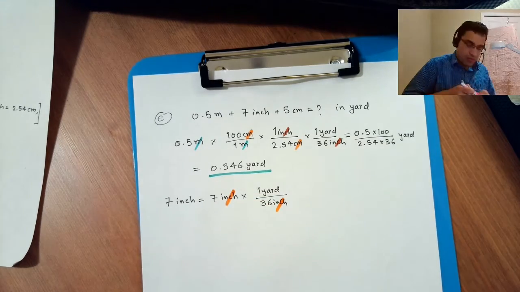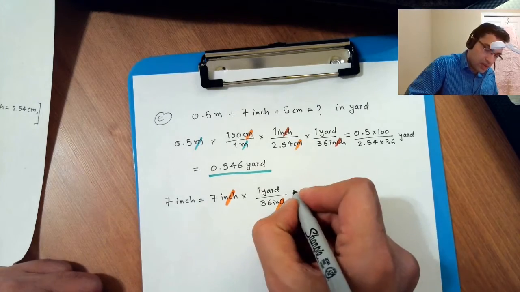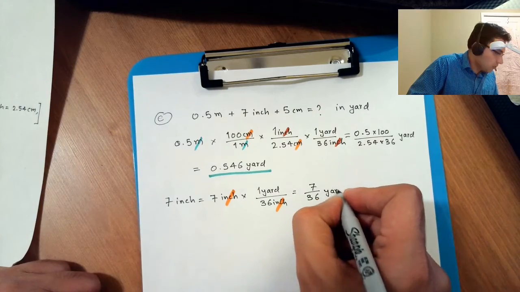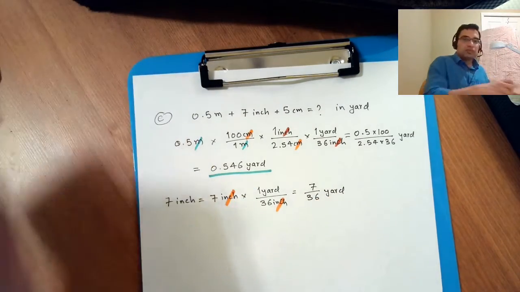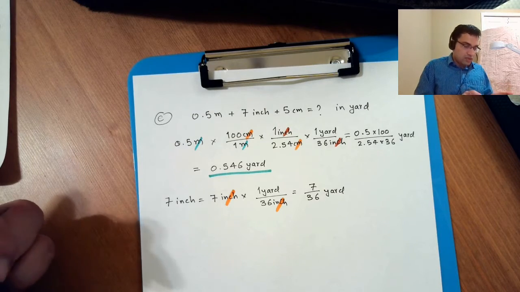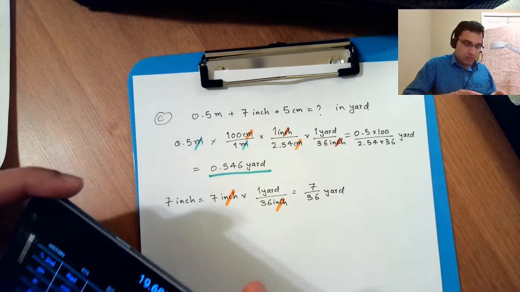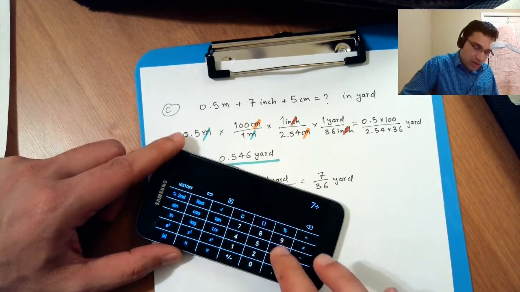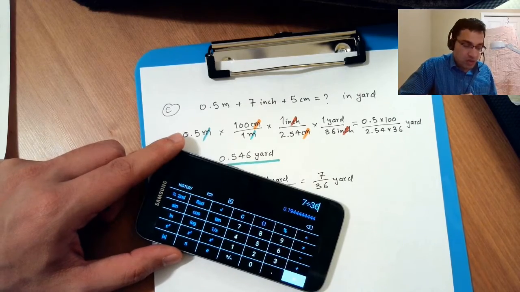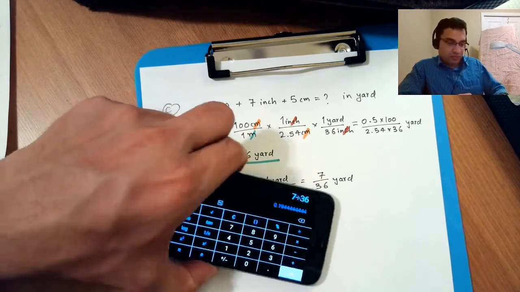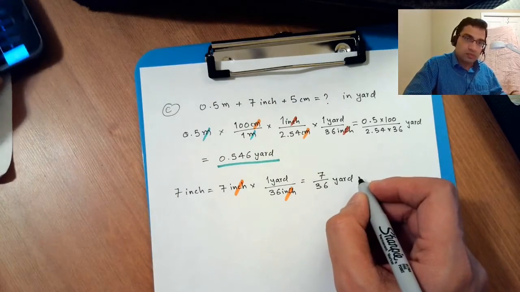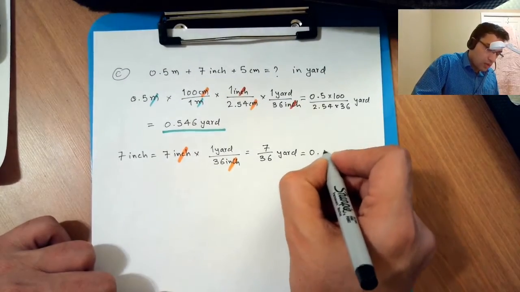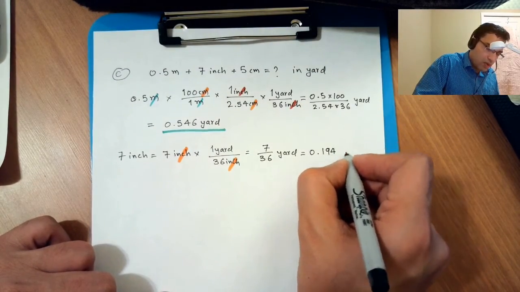Inch goes, and what you have here is 7 divided by 36 yard. So that's 7 divided by 36, that is 0.194 yard.